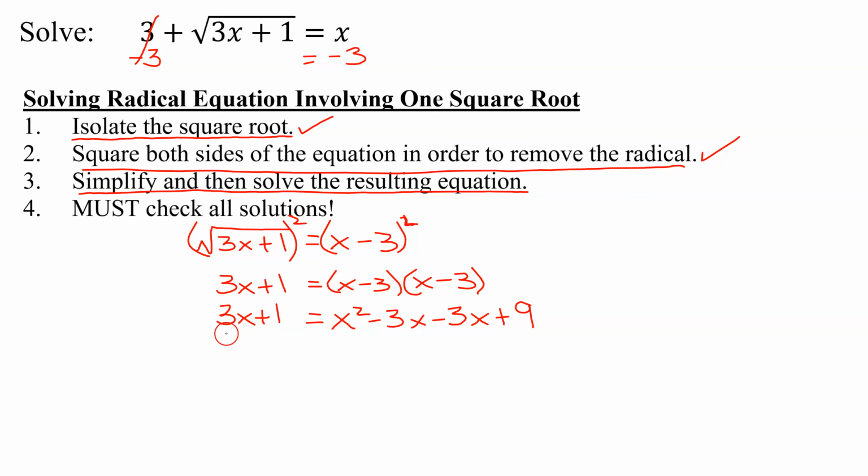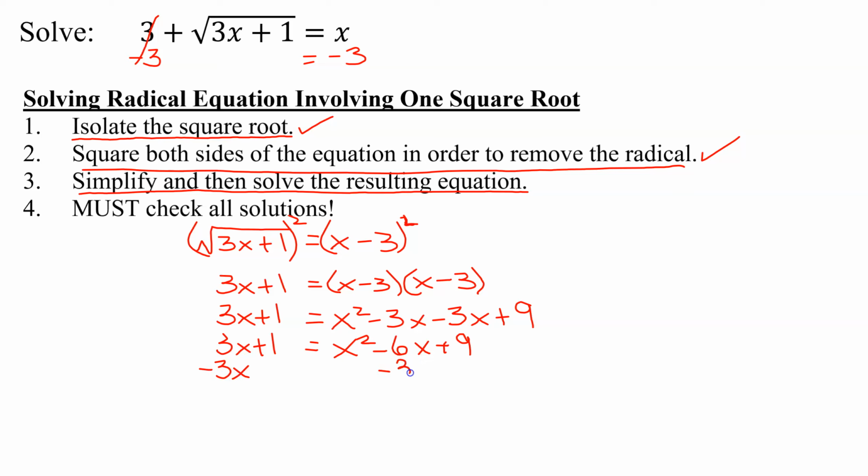So let's simplify it to start with. I get 3x plus 1 equals x squared, negative 3x added to negative 3x is negative 6x, plus 9. What type of equation is this? This is a quadratic equation, degree 2. So I need everything on one side and 0 on the other.